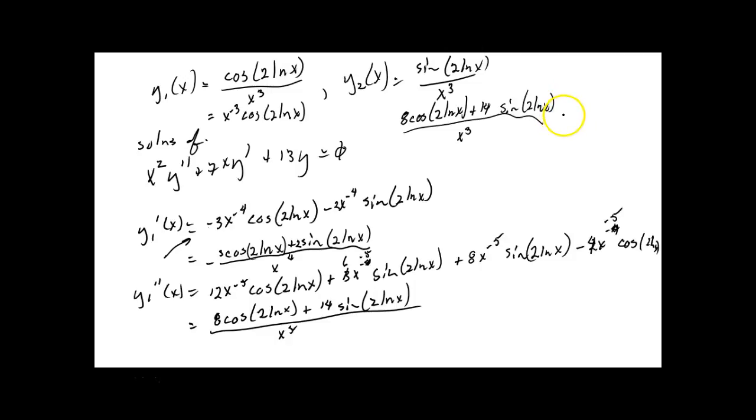This is going to be a minus 3 cosine 2 log x and a minus 2 sine 2 log x, okay, and that's over x cubed, and then 13 times y, there's your y up there, that's plus 13 cosine 2 log x over x cubed.